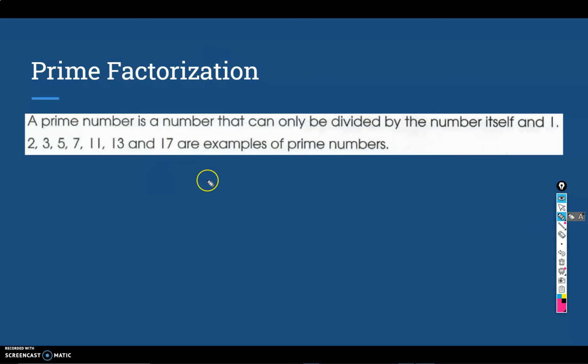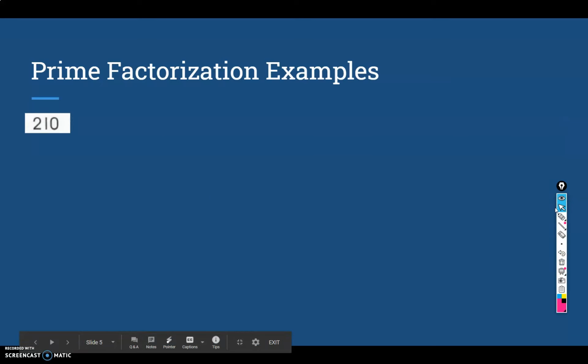A quick example of a number that isn't prime is 14. 14 is a composite number because it can be divided by numbers other than 1 and itself. It can be divided by 2, it can be divided by 7, right? It can also be divided by 1 and 14 as well.